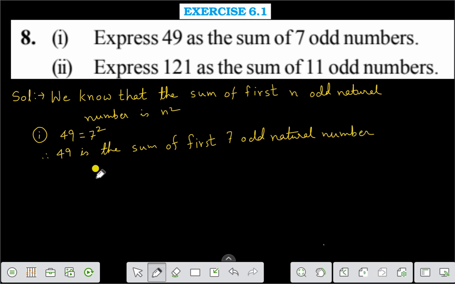Therefore we can write that 49 is equal to 1 plus 3 plus 5 plus 7 plus 9 plus 11 plus 13.